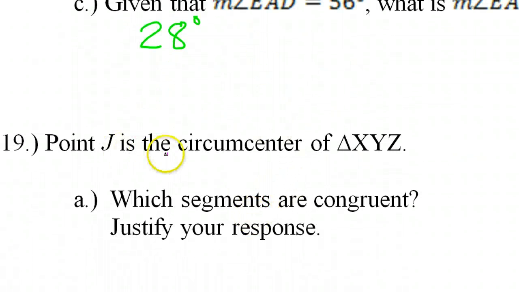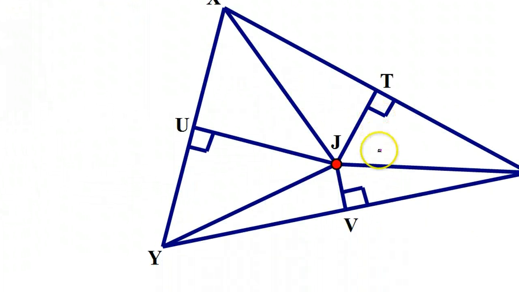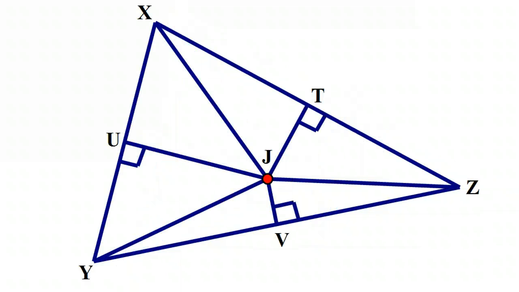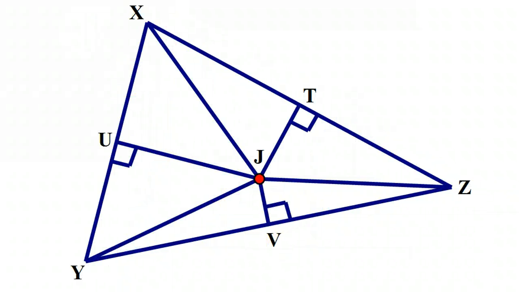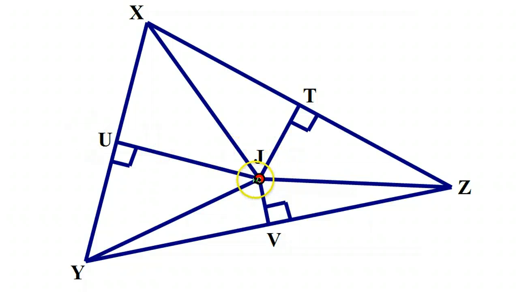Point J is the circumcenter of this triangle. Which segments are congruent? Well, the circumcenter is equidistant from the vertices. So the following segments should be all the same: the distance to the vertex, the distance to the vertex, the distance to the vertex.